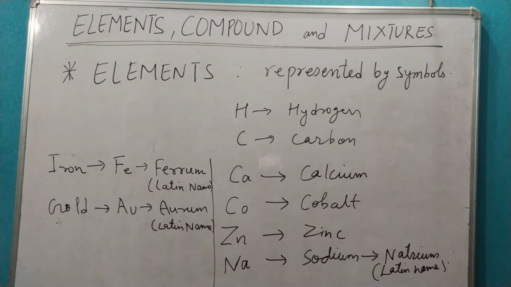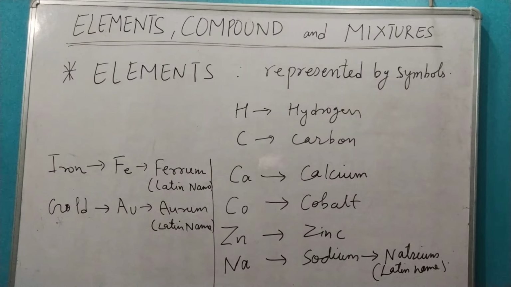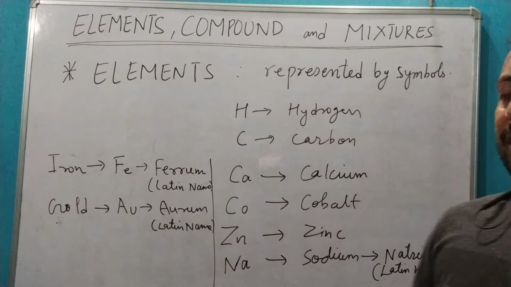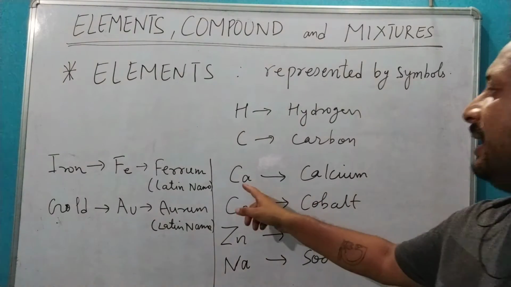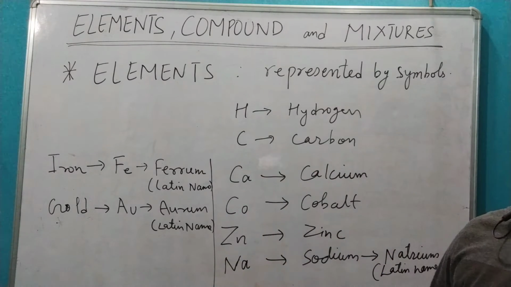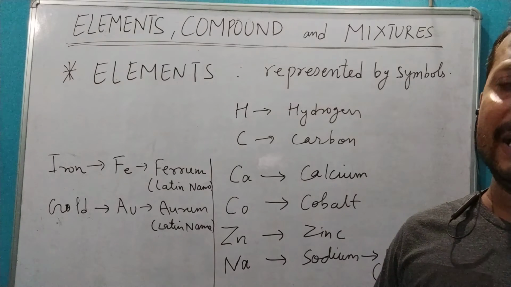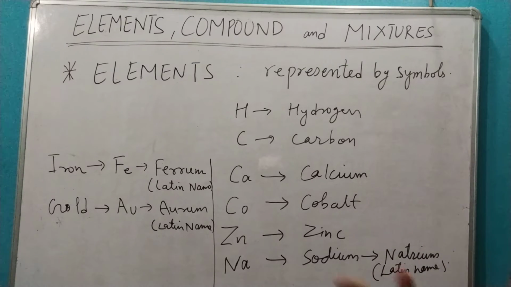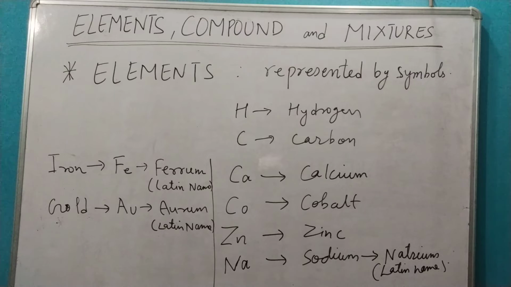This is very important to learn, how we write the symbols of the elements. Through my experience as a teacher, I have found that many students in class 6 and 7 make mistakes in writing the symbols. They generally write Ca with both letters as capital. Sometimes, when they write the symbols of some elements or the names of compounds, they make mistakes by writing all of them either as capital letters or all as small letters.